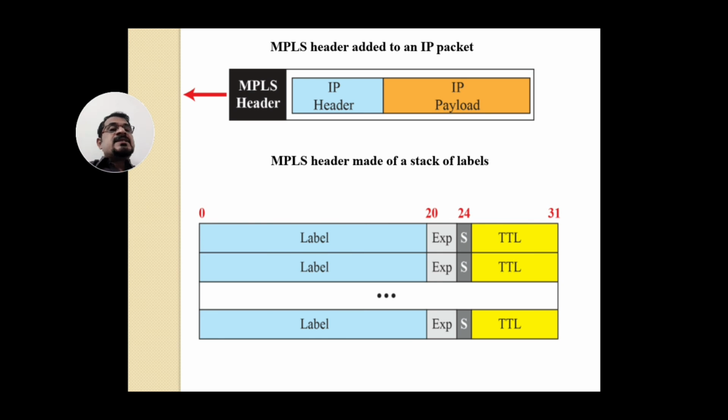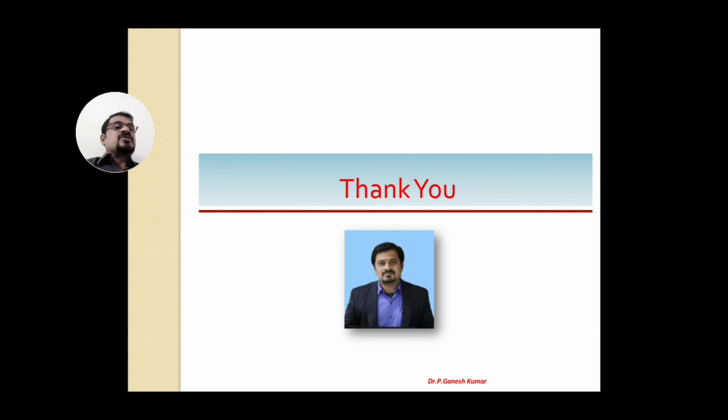An MPLS header is made up of a stack of labels. It is not only a single label; it may consist of multiple labels. Then the time to live, how long that packet has to live, is also mentioned. To forward the packet, all of these are required.